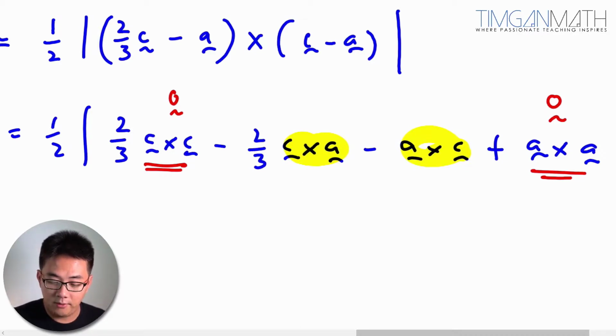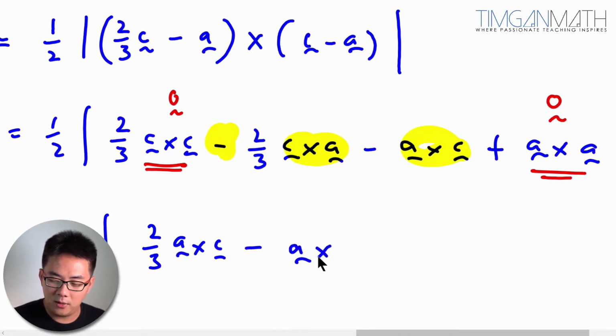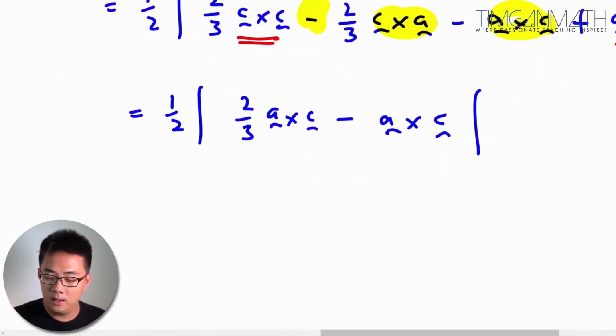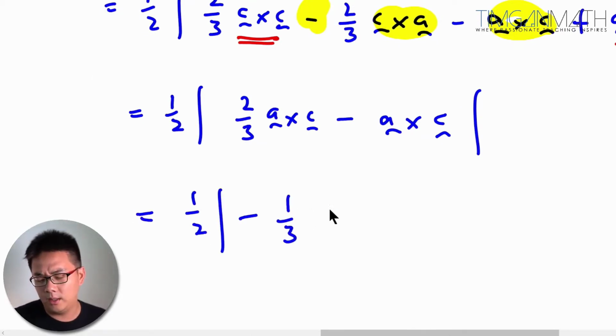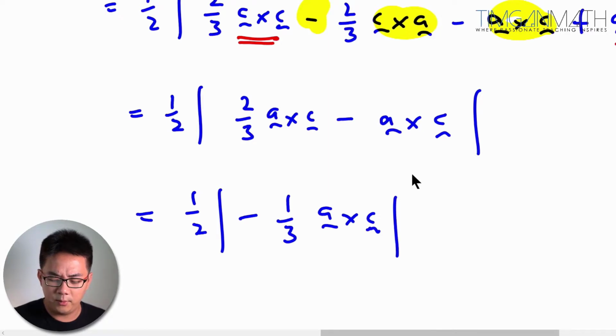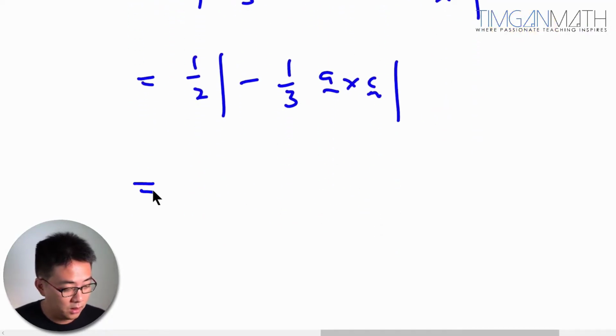So here will be half of 2/3. This minus will become positive, A cross C minus A cross C. So here will be 1 negative 1/3 A cross C. What we'll be left with is positive 1/3, so this will be 1/6.